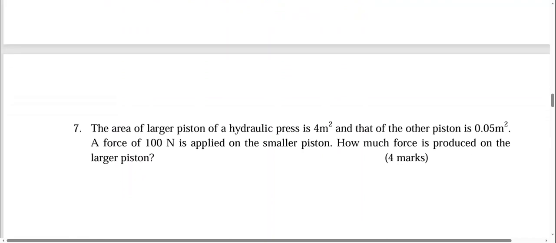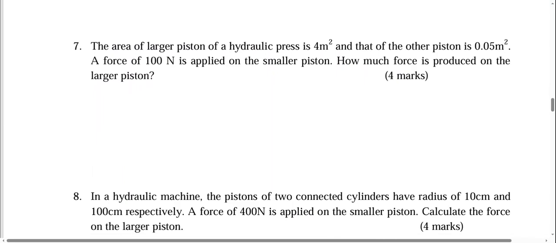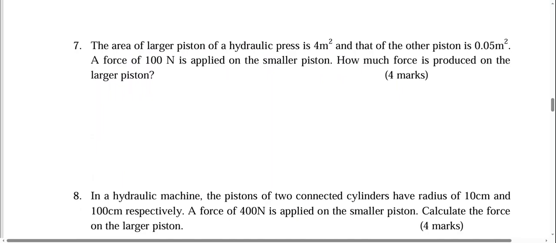So question number 7 says the area for the larger piston of a hydraulic press is 4 square meter and that of the other piston is 0.05 meter squared. A force of 100 Newton is applied on the smaller piston. How much force is produced on the larger piston?